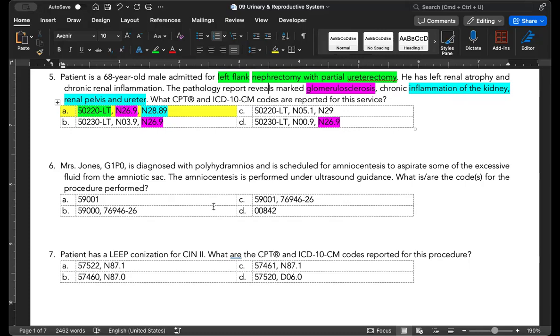So what in the alphabetic index in our CPT manual, what is our procedure, or what is the main term that we want to look up if we're coding this from scratch? Yep, amniocentesis. Perfect.